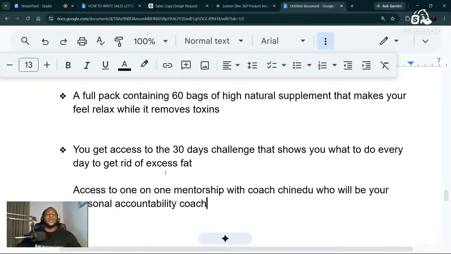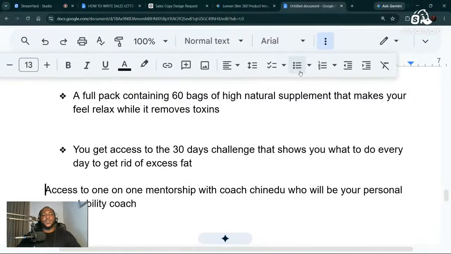You can see. Then after that, you continue listing out everything that this person is going to potentially get.